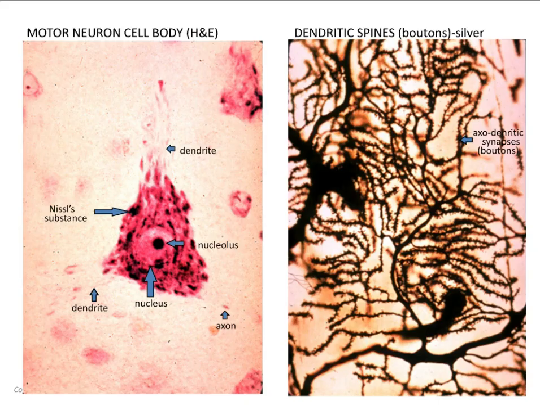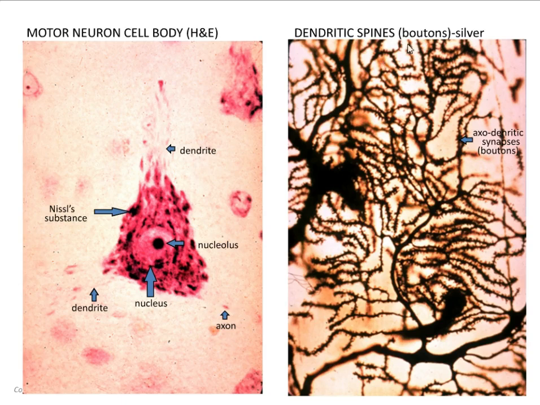Here in these stained slides, we can clearly see the cyton structure in this first slide. There is a centrally located nucleus, and a nucleolus. Then these black spots indicate the Nissl substance, which is chromatin substance, and these three ends indicate the dendrite processes, and the single end here is the axon.